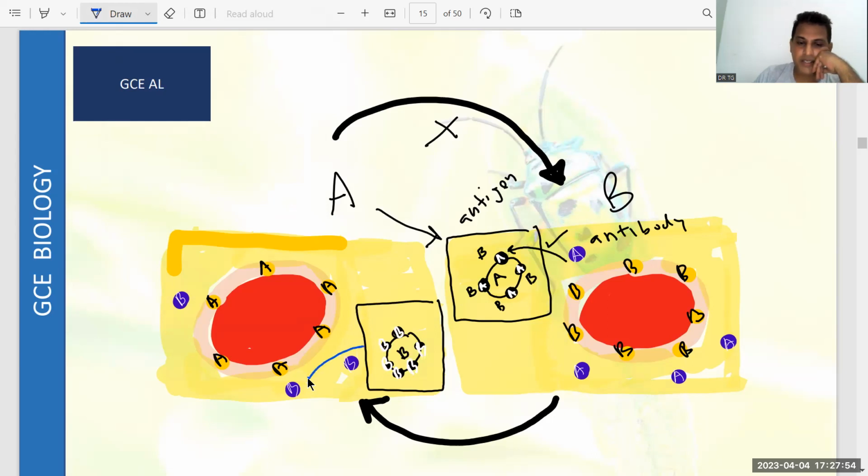Now this can be recognized again and make a response. So this is also not possible. It's not matching because antigens and antibodies are recognized and then the immune system tries to make reactions for this kind of matching in transfusion or donation of blood.